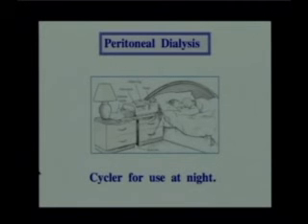Now, this is another variation of that peritoneal dialysis. This uses the same setup with a catheter in the abdomen, except that this is done at nighttime. So this patient has a cycler that will let them do this at night. So it cycles in and out. So it's constantly moving back and forth, but this is done at night.